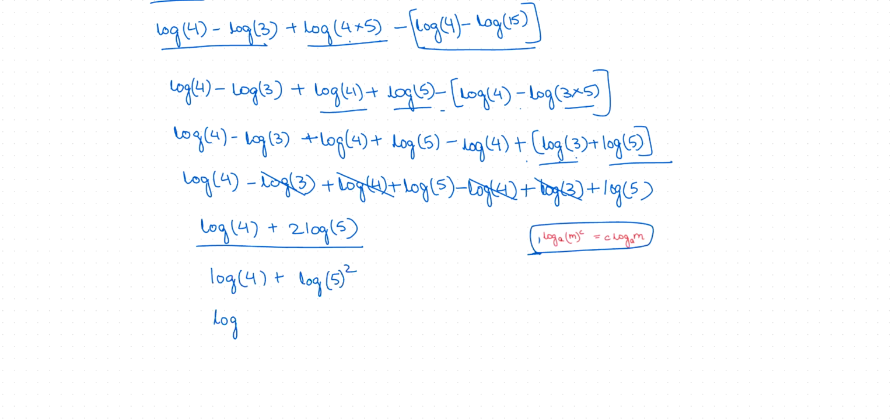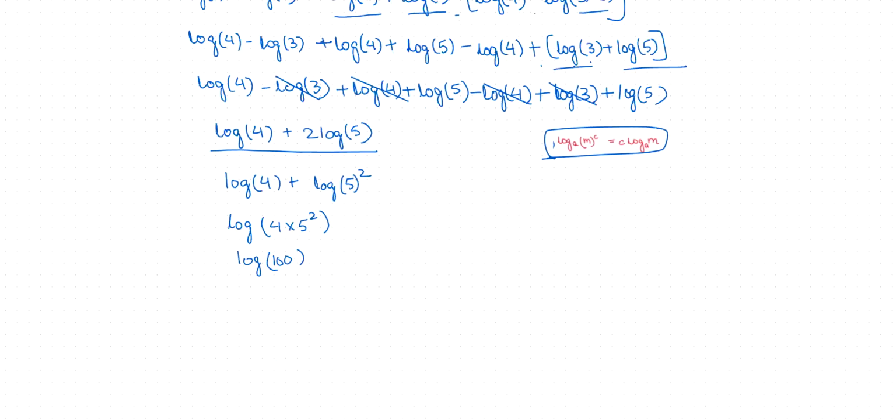So this will give 4 times 5 square, which gives log of 100. Log base 10 of 100. Now 100 we can write again as 10 square. Now again we can use property 2 and we can write this.